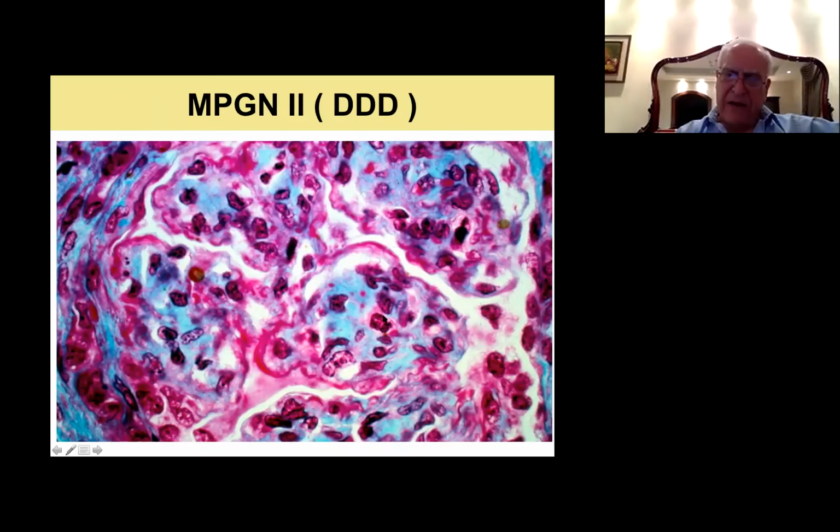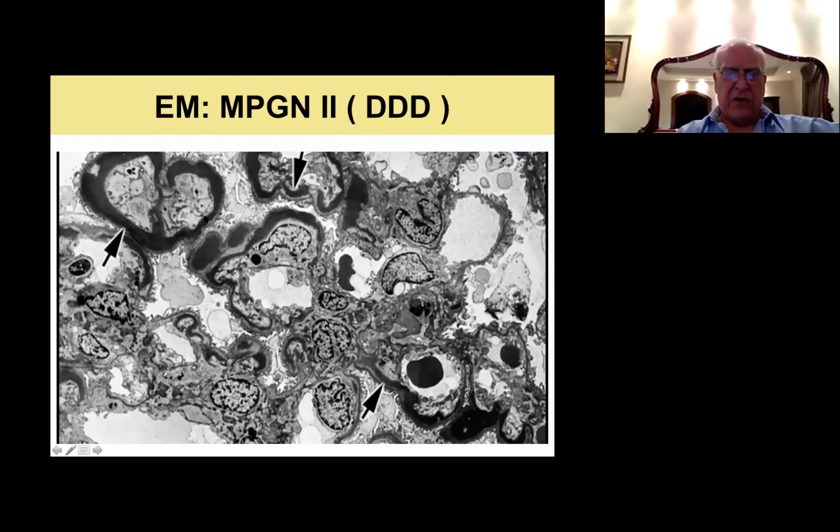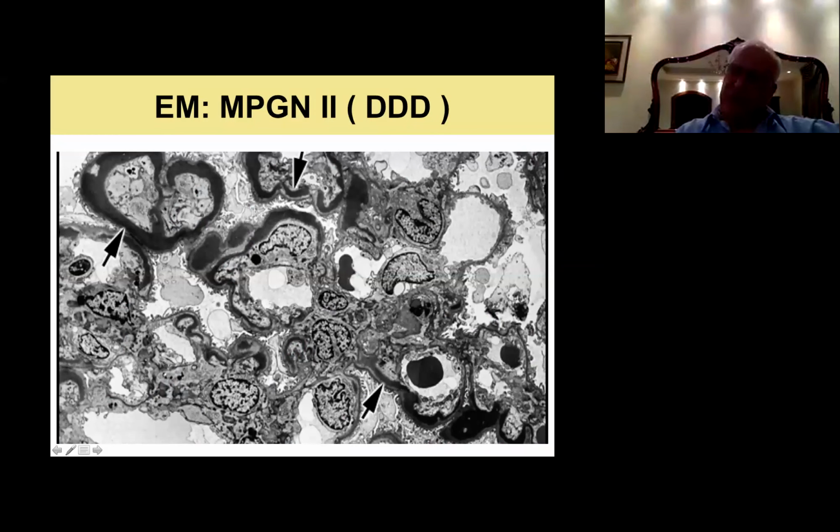You have membrane that basically will trigger something we call dense deposit disease, as you'll see in the electron microscopy. Very dark, smooth outline, ribbon-like structure. This is dense deposit disease or type 2. Now you have to classify it differently, C3 nephropathy, with or without immune complexes.